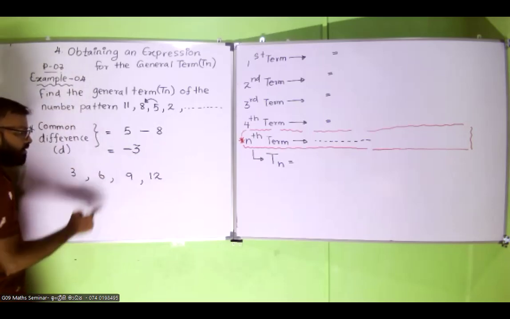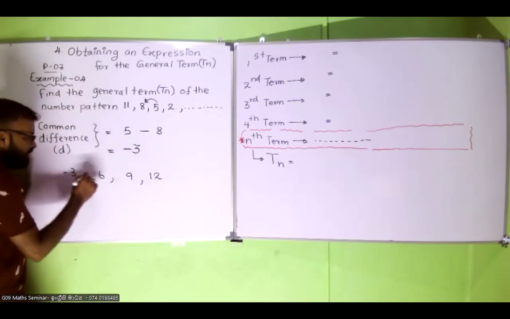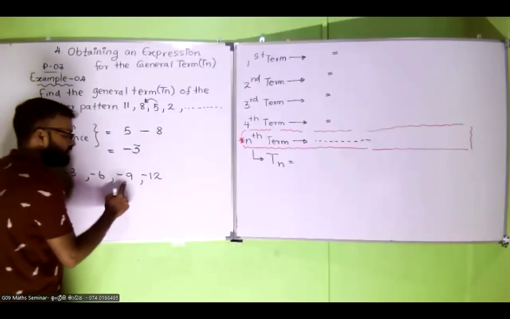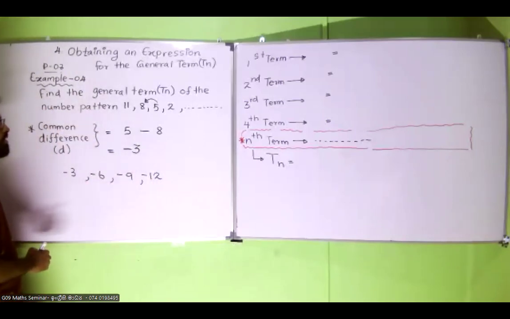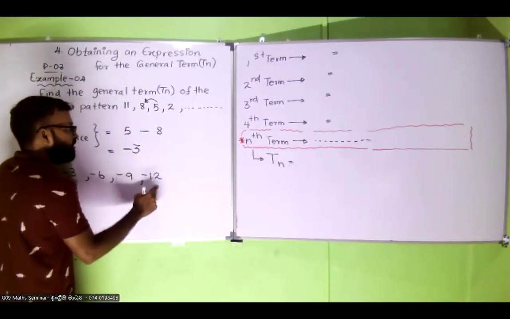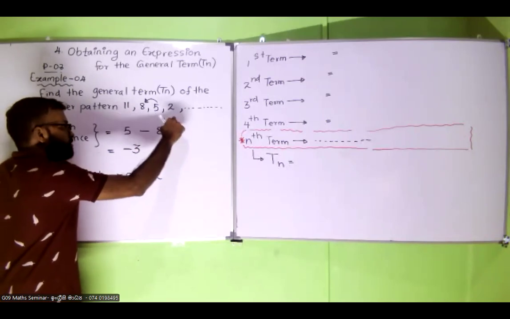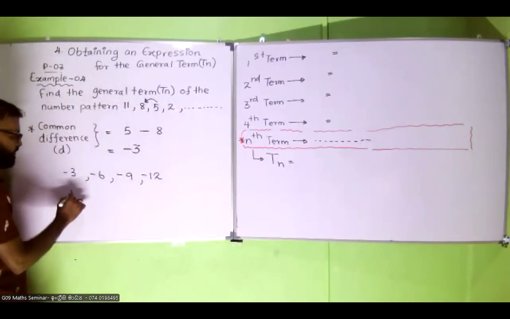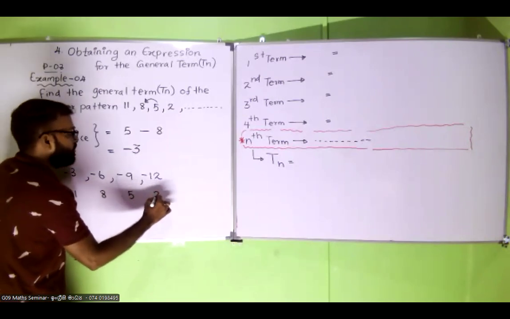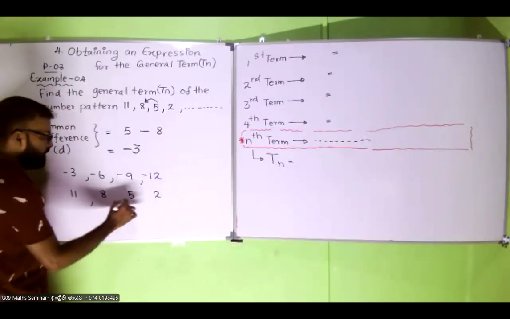If these are all minus, we get minus 3, minus 6, minus 9, minus 12. What are the terms of your number pattern? 11, 8, 5, 2.